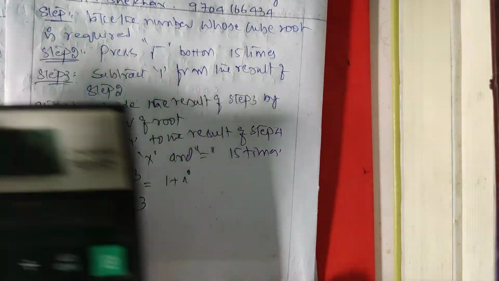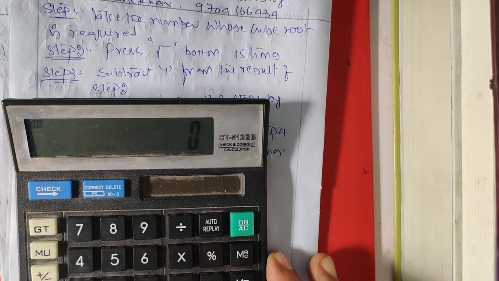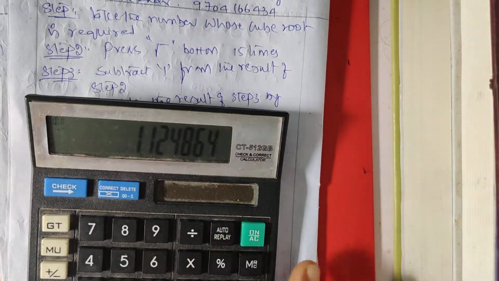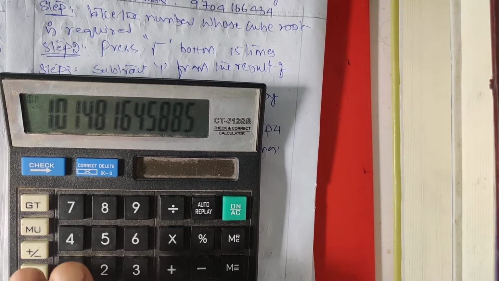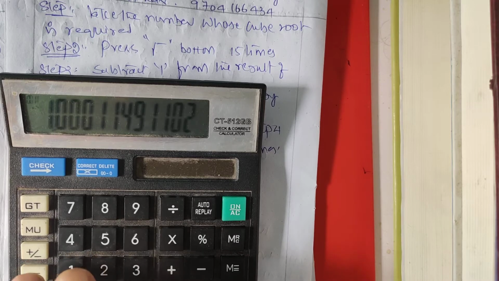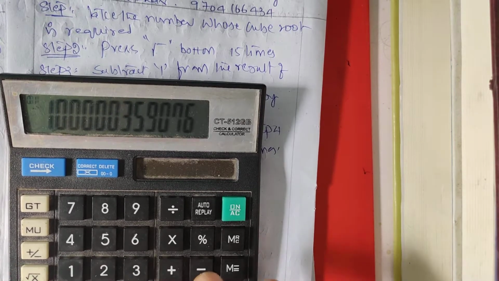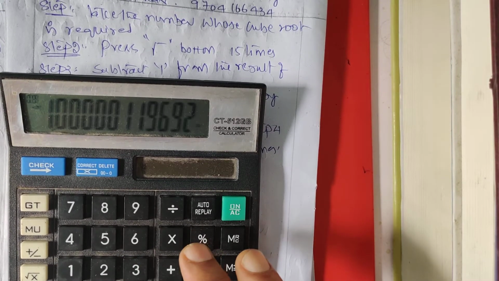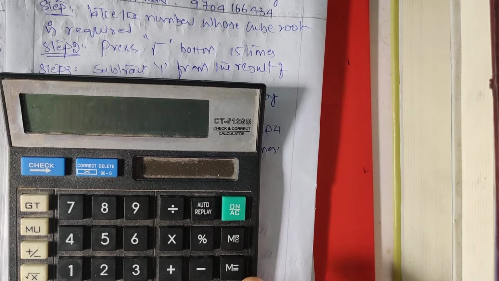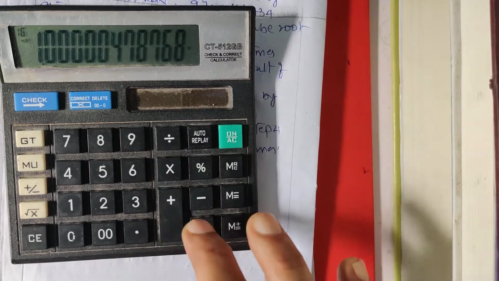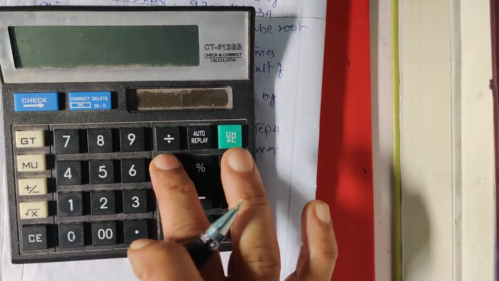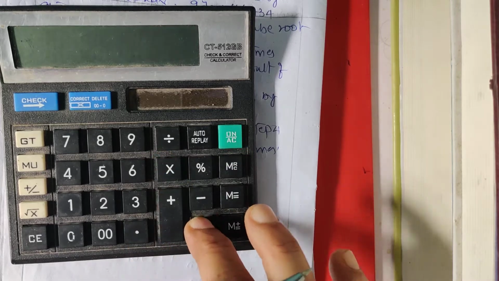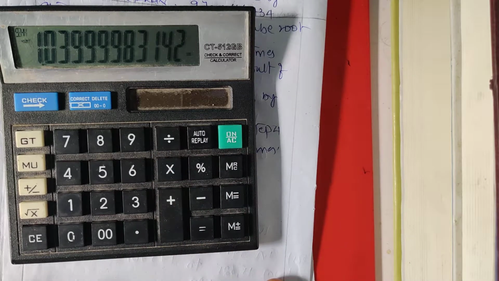Let me check the calculation one more time, sir. 1.124864, square root 15 times, minus 1, divided by the order of the root, plus 1, then into is equal to, 15 times. It is 1.0399.